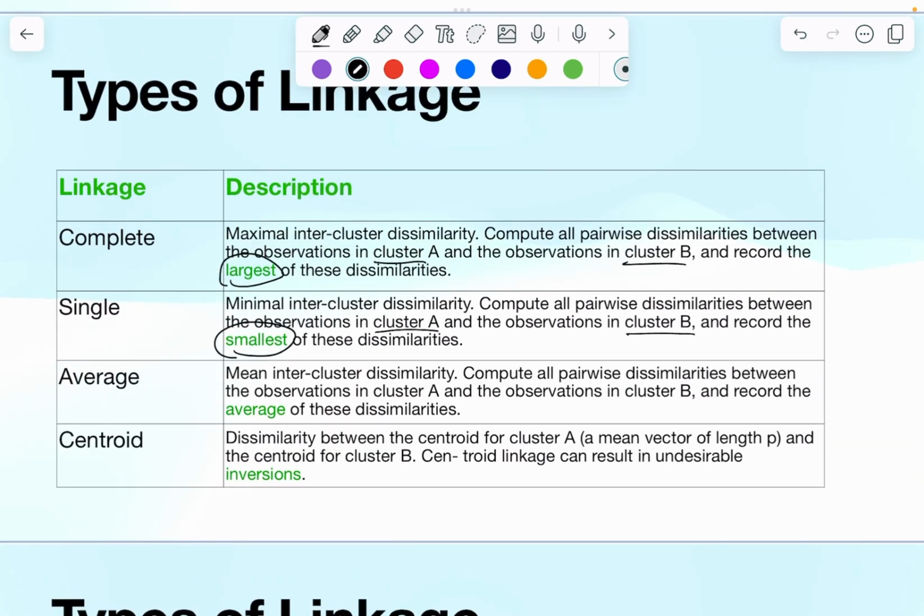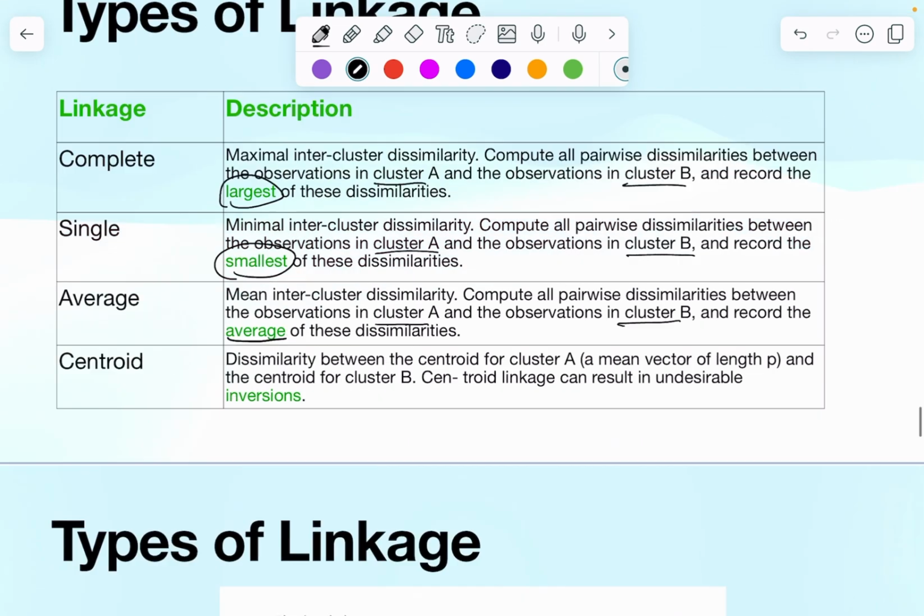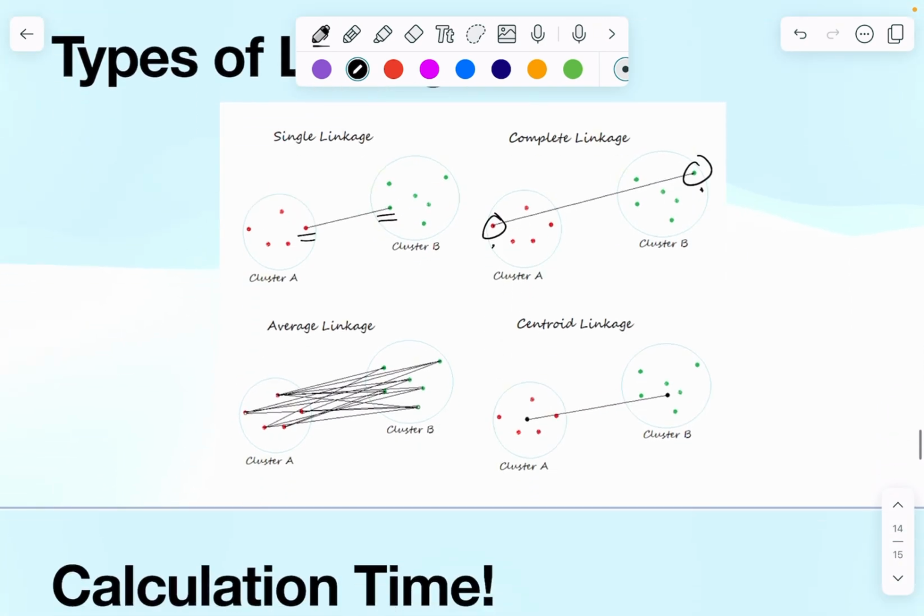The average linkage is to calculate all the distances from cluster A to cluster B, and then take the average. So in this case, we will have D1, D2 to Dn, and then the cluster distance is the average of all these distances.